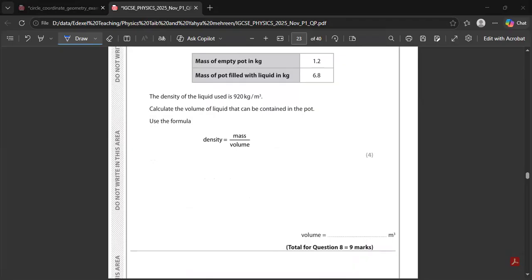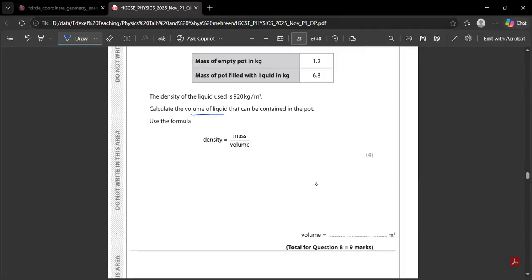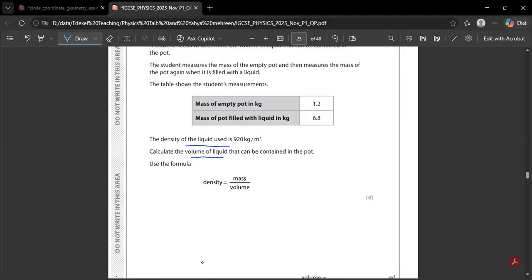So, what should we do? They are asking about the volume of the liquid, right? We have the density of the liquid, but we do not have the mass of the liquid. We have the mass of the pot filled with liquid.